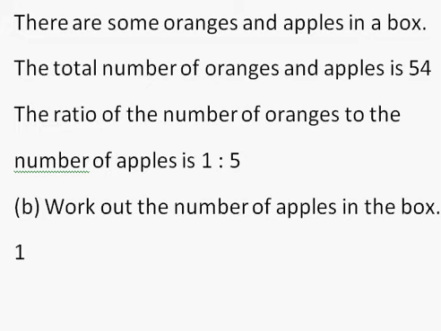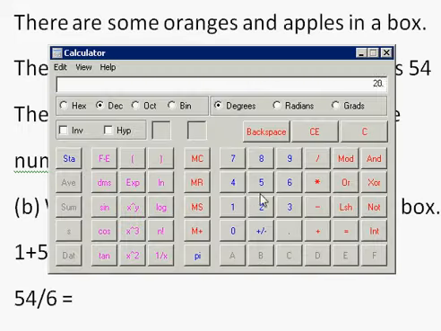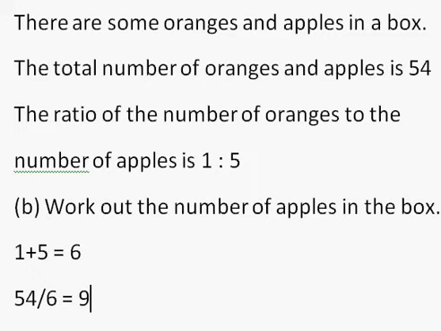Okay, so 1 plus 5 equals 6. There are 54 in total, so it's 54 divided by 6 equals, well, I suppose you can use your calculator for this. 54 divided by 6 is 9, in case you don't know your times tables. Then we multiply this by 5.